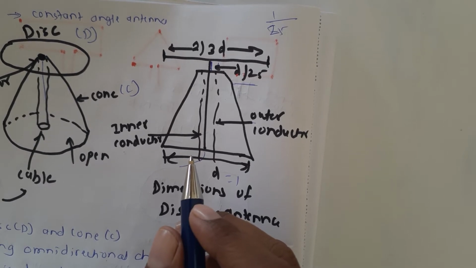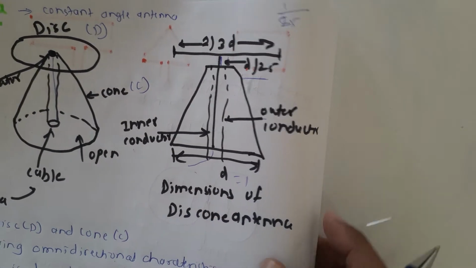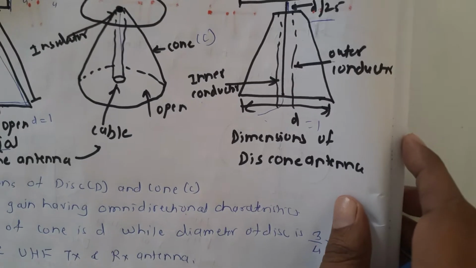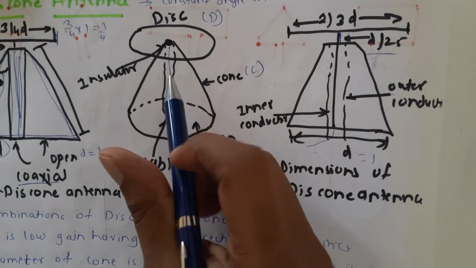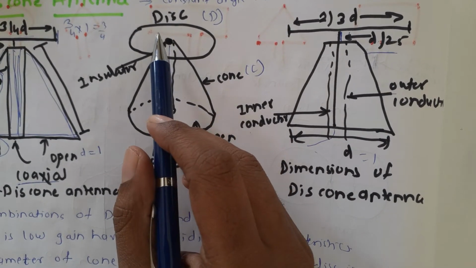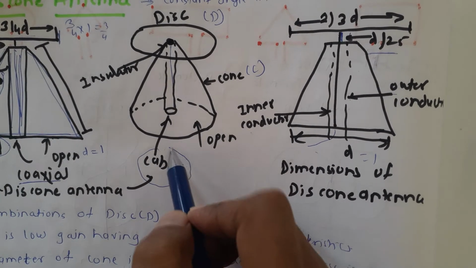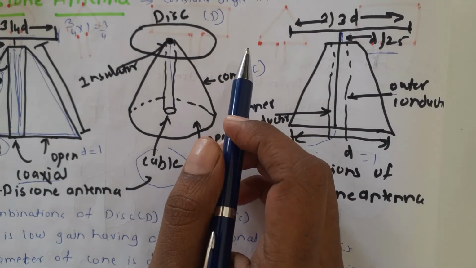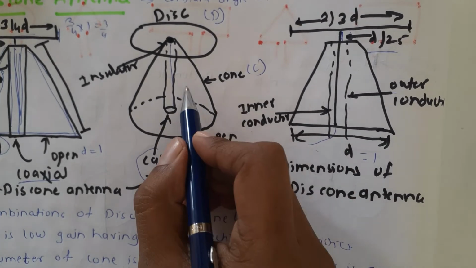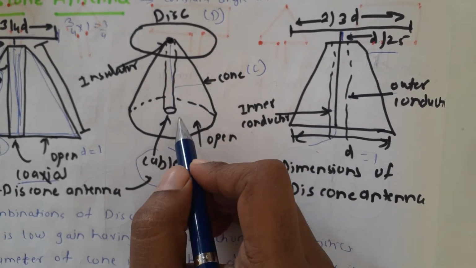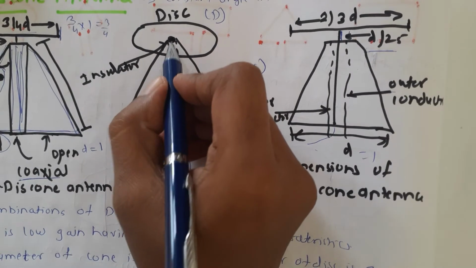Its frequency ranges from 12 MHz to 55 MHz. We'll explain it again. The disc cone antenna has a disc and a cone which is fed by a coaxial cable. The outer conductor of the cable is connected to the cone, while the inner conductor is connected to the disc.